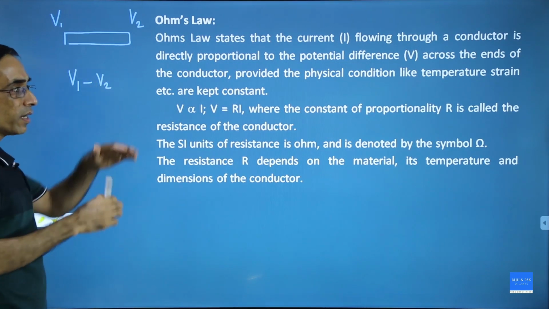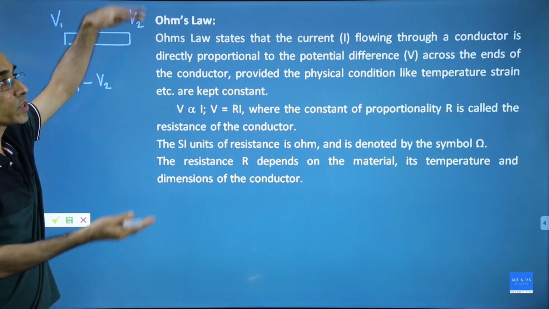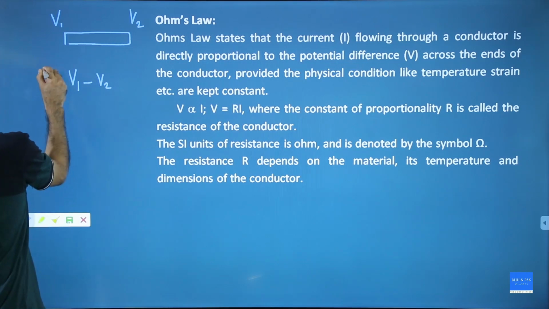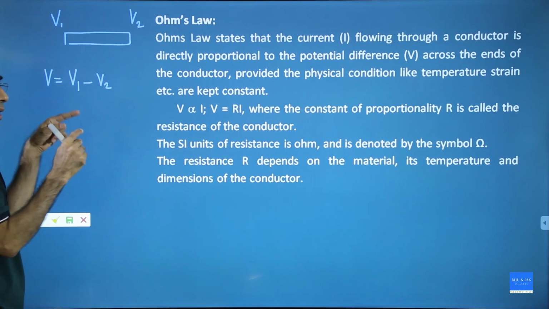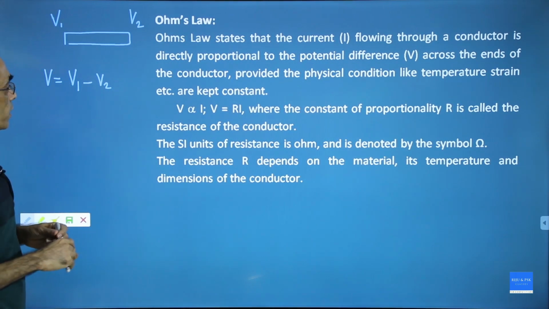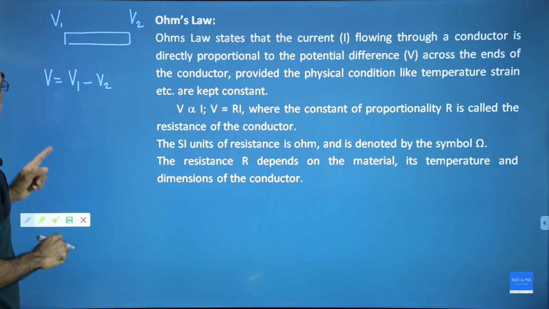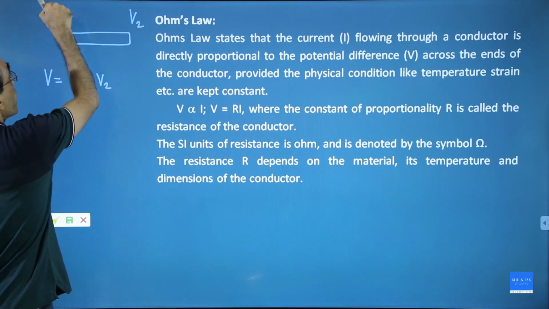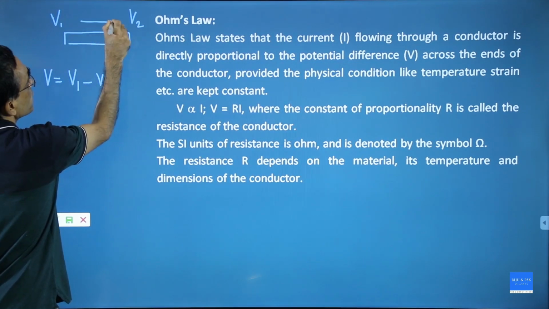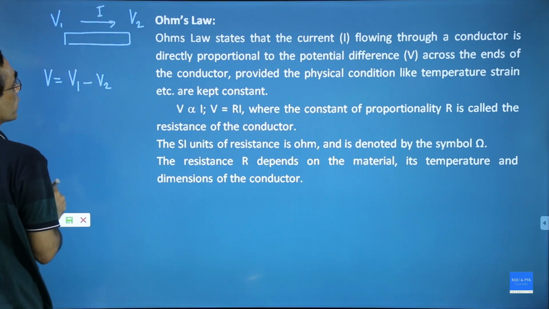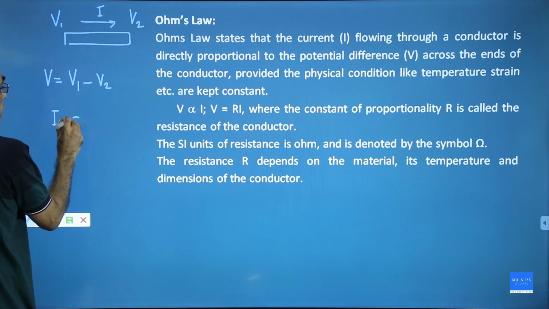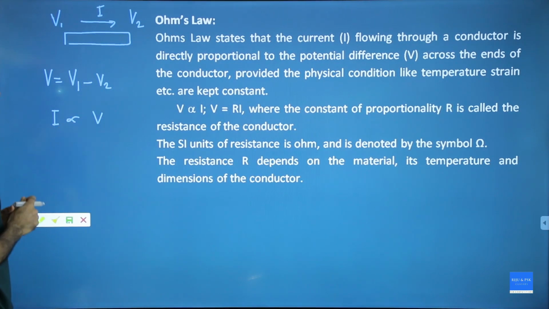It is just like a difference in height, H1 minus H2. This is what we write as V. Do not worry, later these things will become clear. Now, there will be a current from higher potential to lower potential. Then this current is directly proportional to the potential difference. That is the condition of Ohm's law.